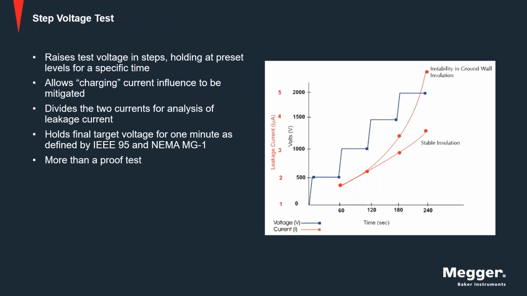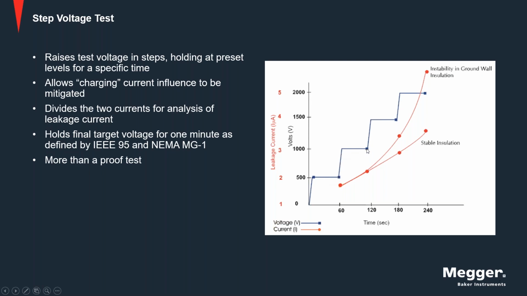Step test. The step voltage test, which is a form of high pot, would be used in lieu of the high pot, especially if the last step you're holding for 1 minute. That satisfies IEEE 95 and NEMA as far as a high pot test. We're going to raise the voltage up in steps, holding for the same amount of time at each step.